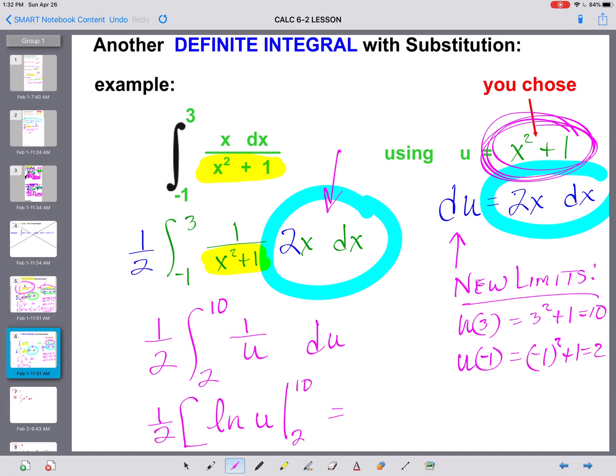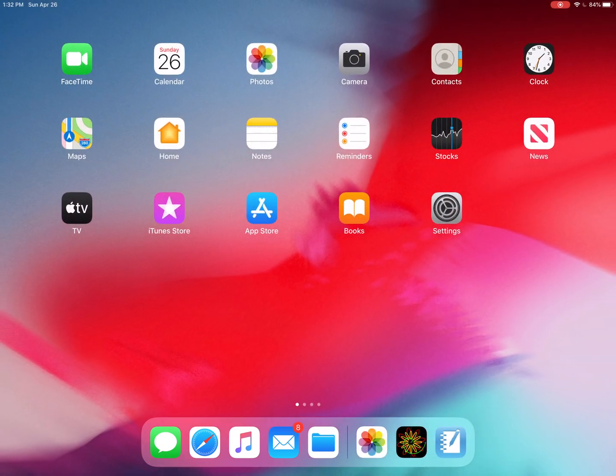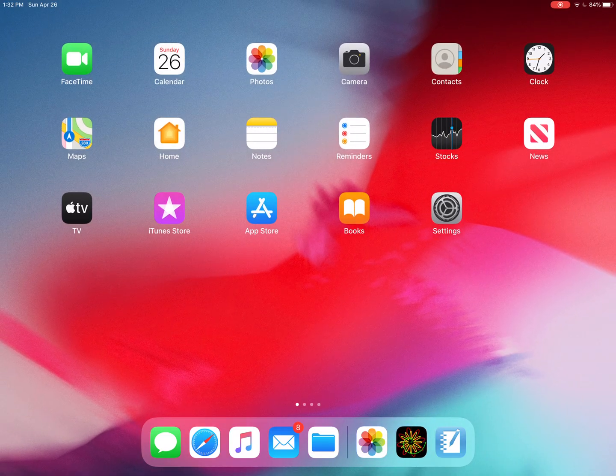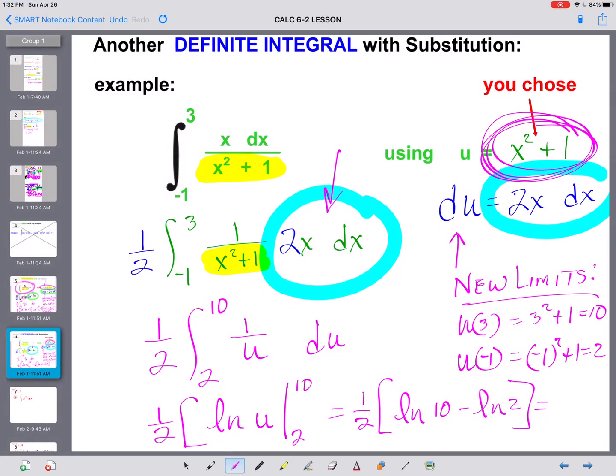Here we go. 1/2 bracket, natural log of the top one, 10, minus natural log of the bottom one. We'll do it on the calc, okay? We got 1/2 times natural log of 10, close it up, minus natural log of 2, close it up. Answer, 0.804. Let's go 0.805. There it is. That's our answer, 0.805.